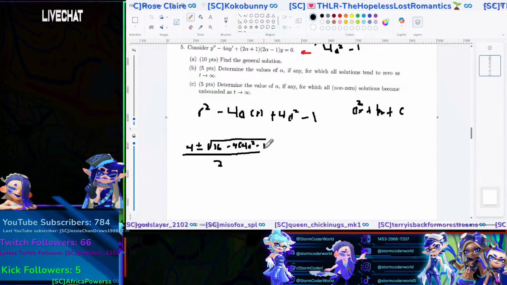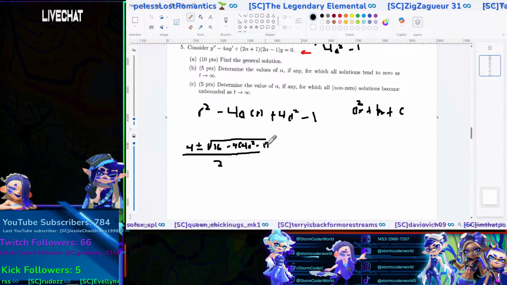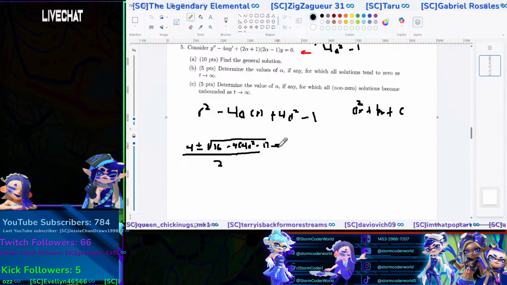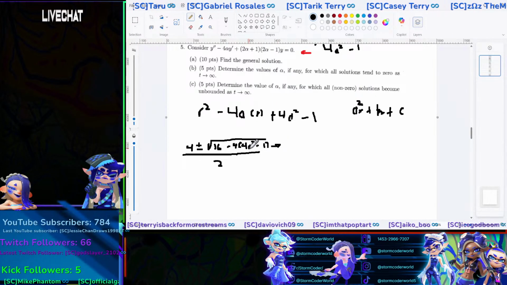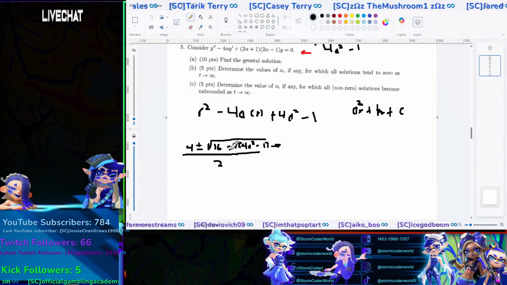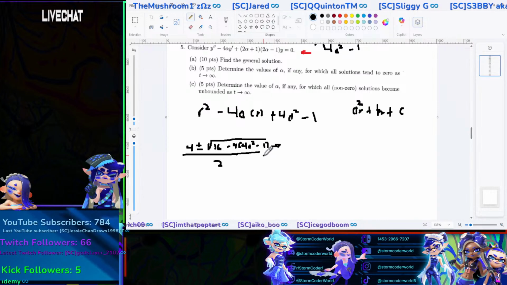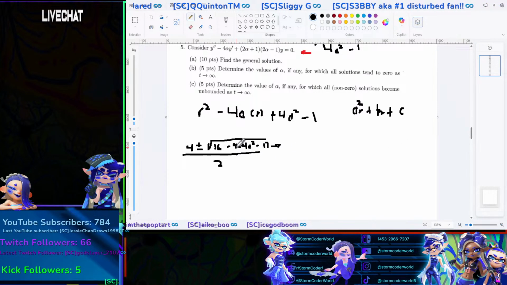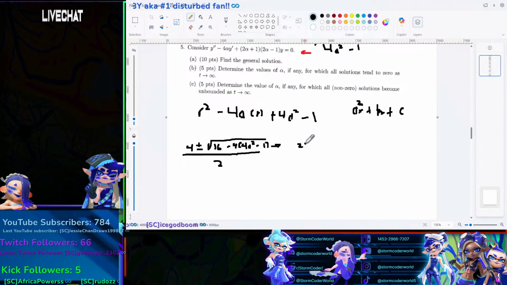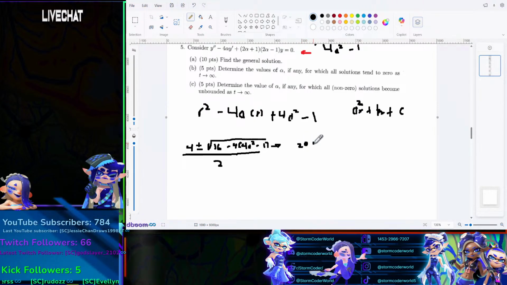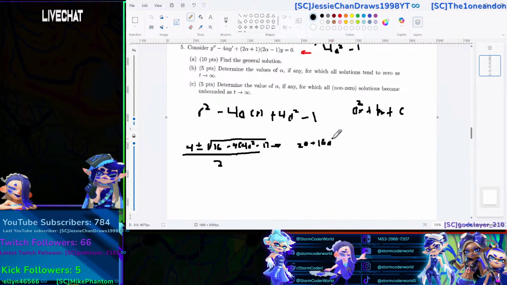And in this case, from what I would get, most likely, as I move this over, I would get -16a squared plus 4. Not minus 4, plus 4. So I would most likely get, in this case, -4 times -1. So I would get 20, plus or minus 16a squared.